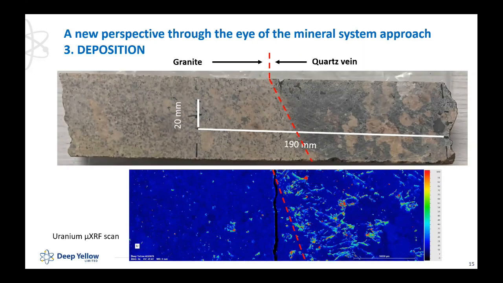So this is an NQ half core. At the bottom, that's a micro XRF scan, uranium. There's the edge of what we call the quartz vein. It's about here. Most of the red areas, that is uraninite. So there's a little bit in here, but not too much.